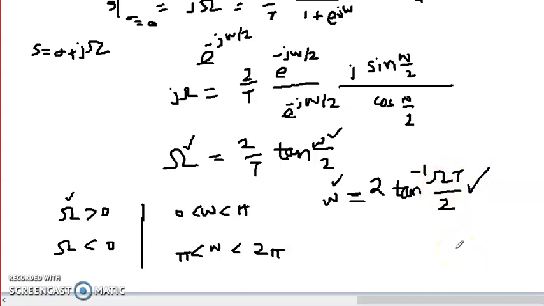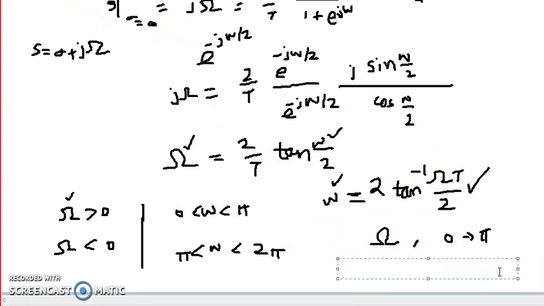So it is contrary to impulse invariance transformation, which was a linear transformation, but bilinear transformation is a non-linear transformation, where the infinite axis of capital omega is compressed to the finite axis of 0 to 2 pi, and this phenomenon is generally called warping.